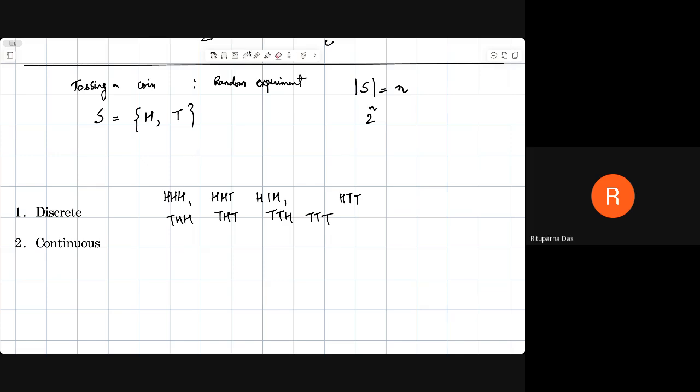Okay, so say we want to examine the event of head occurring twice.